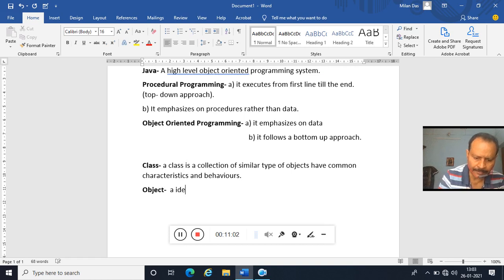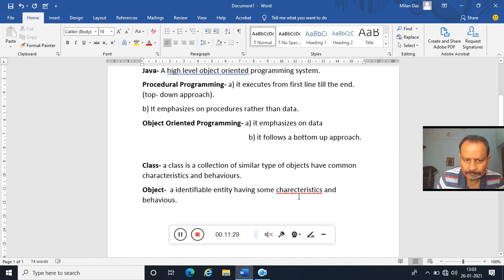An object is an identifiable entity having some characteristics and behavior.